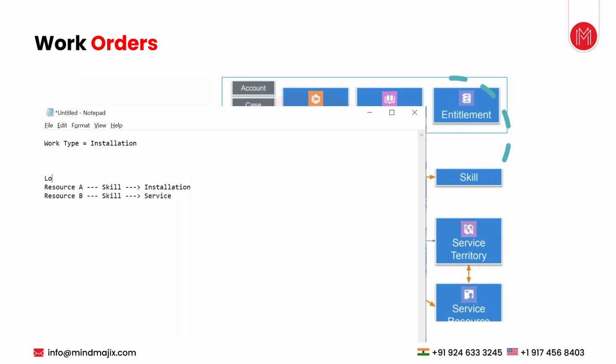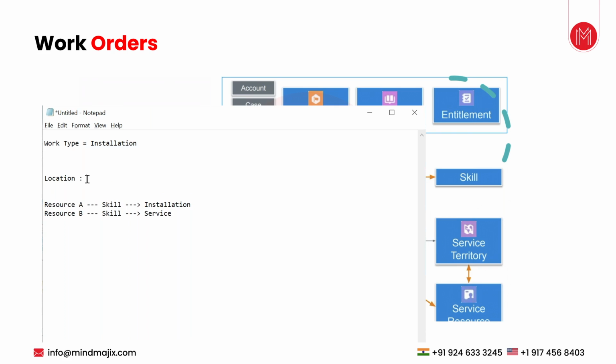Let's take a location. Can you suggest any location near Italy? Milano. Oh, okay, Milano. So let's imagine in Milano, I'm associating five resources: resource C, resource D, and resource E. For each resource, there will be different types of skill sets.